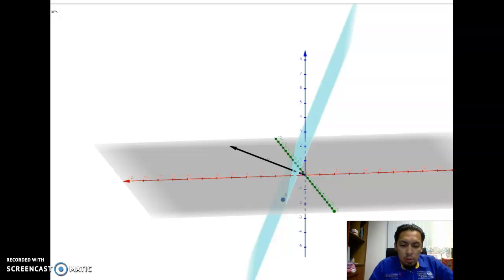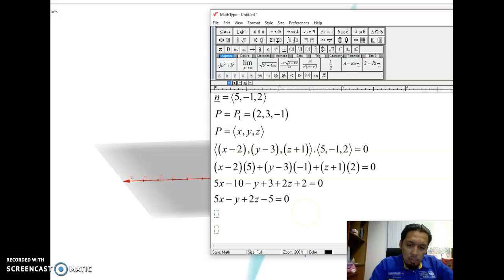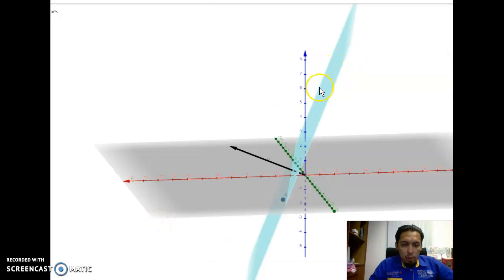For example, let's say we know that x is 1 and y is 1. Given x and y are 1, what will z be so that the point is on this plane?